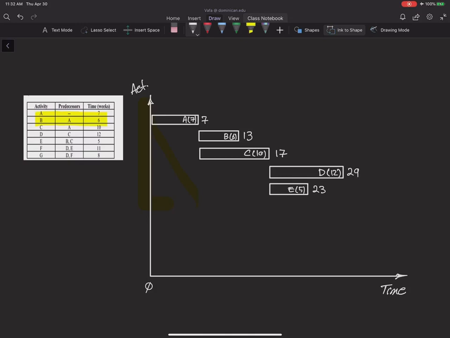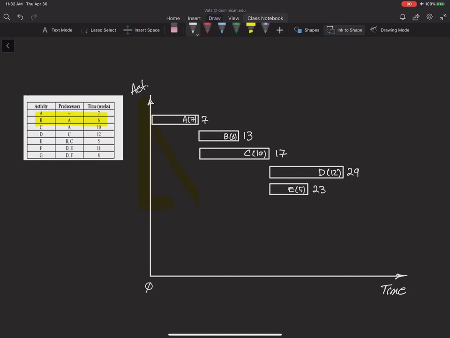Then I have activity F that starts after D and E. Again, you see that D finishes later than E, so D and E is basically D. So F can start right after D and it goes for 11 weeks.